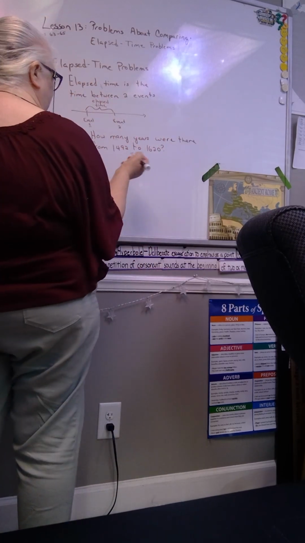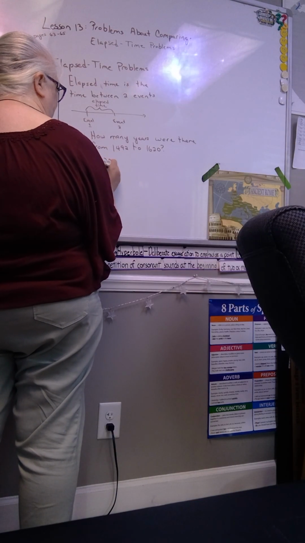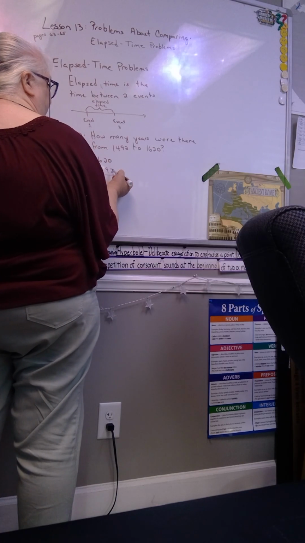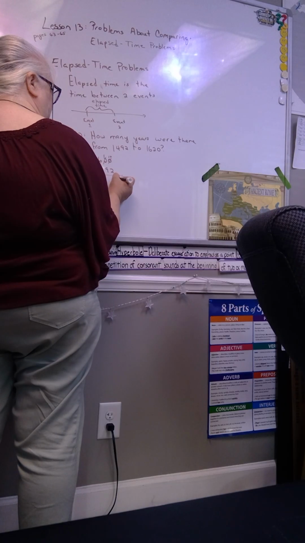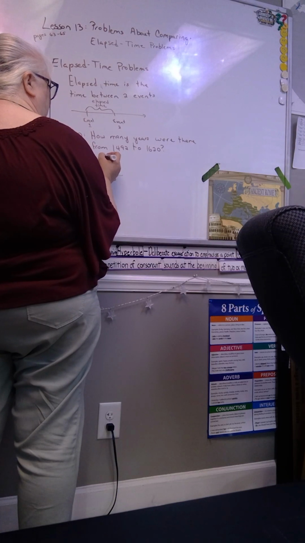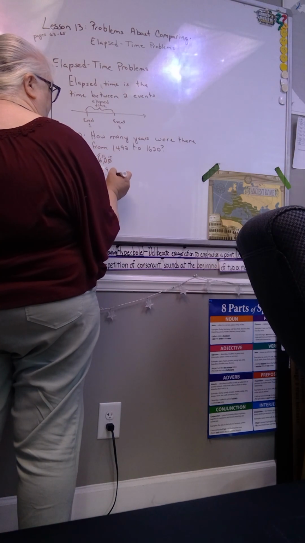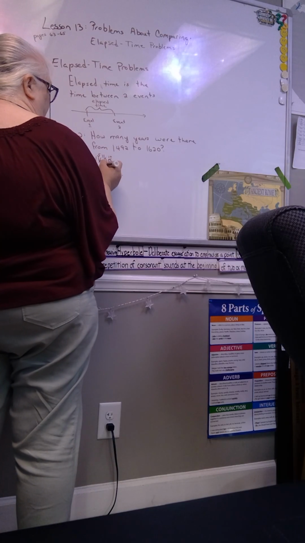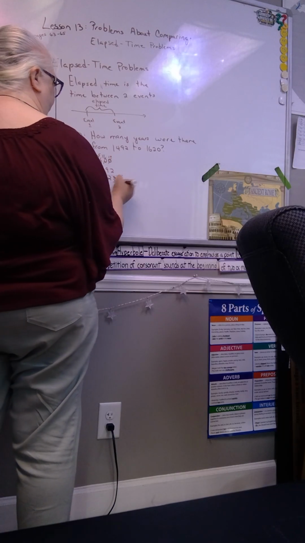Okay, so we'd start with 1620 and subtract 1492. Again, 2 is smaller than 0, so I have to borrow. This becomes a 1, this becomes 10. 2 from 10 is 8. 9 is bigger than 1, so again I have to borrow here. This becomes a 5, that becomes 11. 9 from 11 is 2. 4 is not bigger than 5, so I do not have to borrow. 4 from 5 is 1. 128 years.